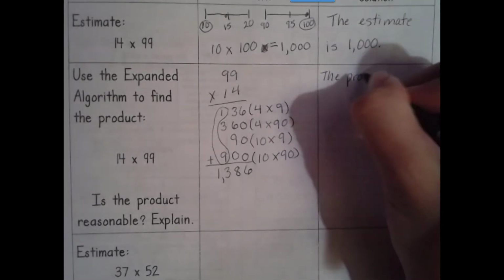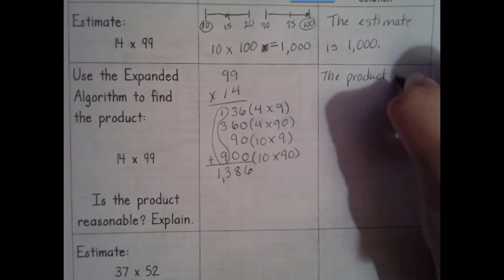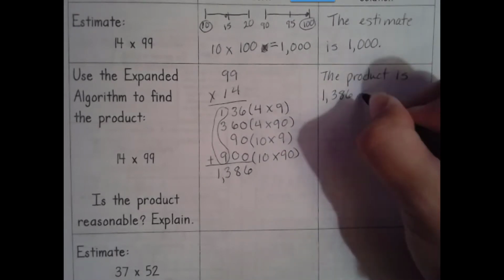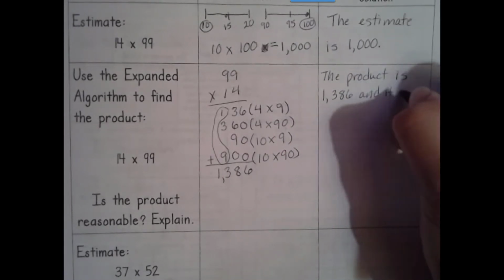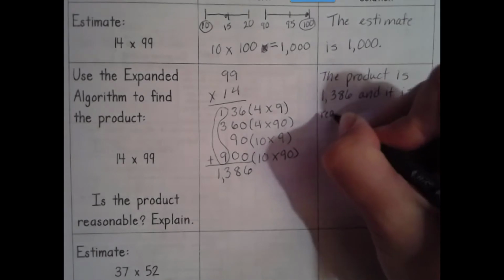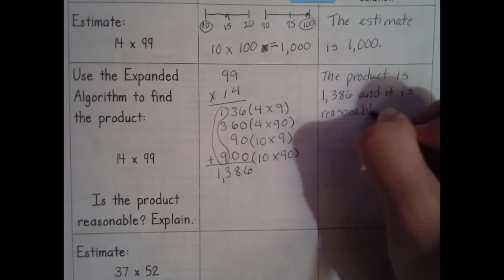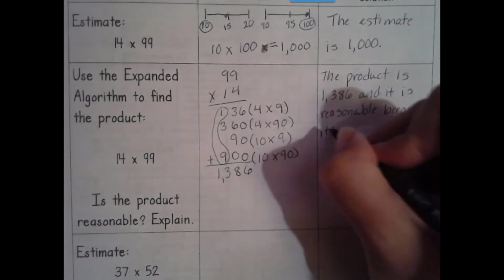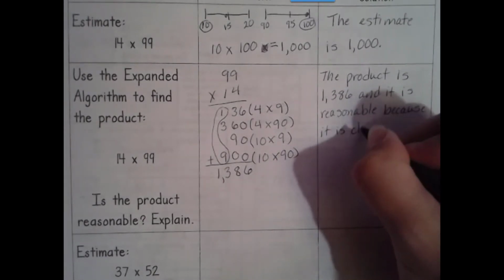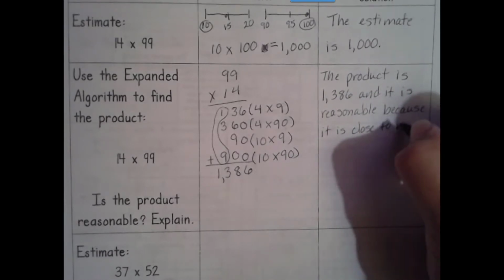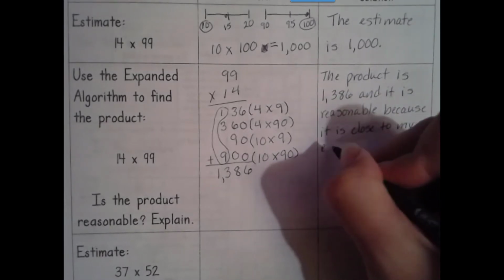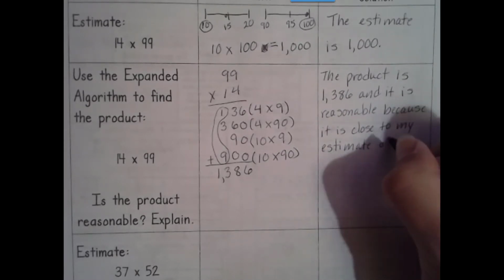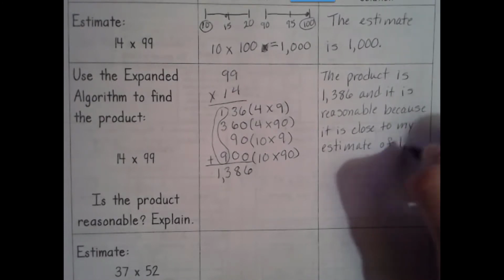The product is 1,386. And it is reasonable because it is close to my estimate of 1,000.